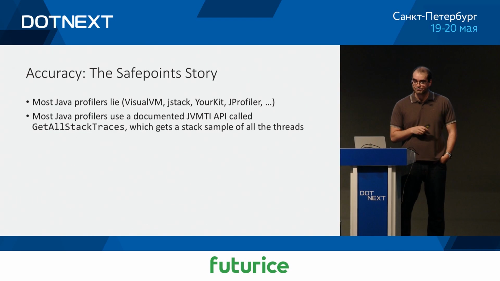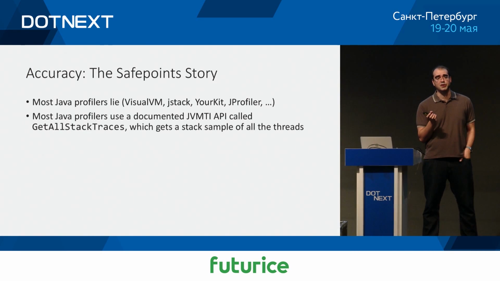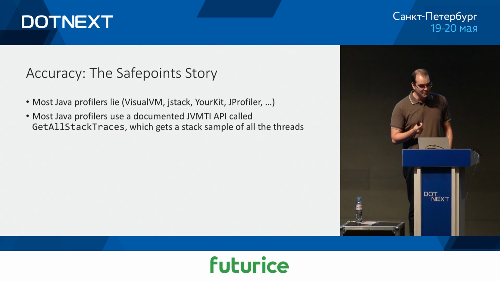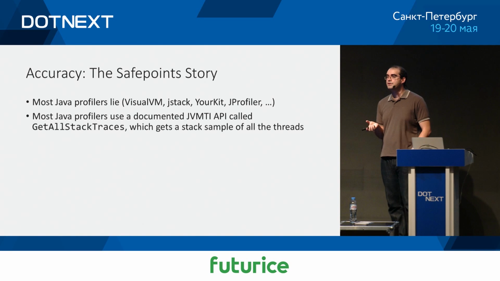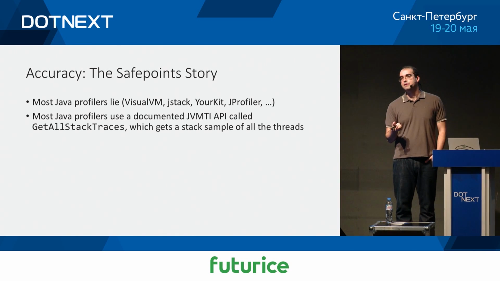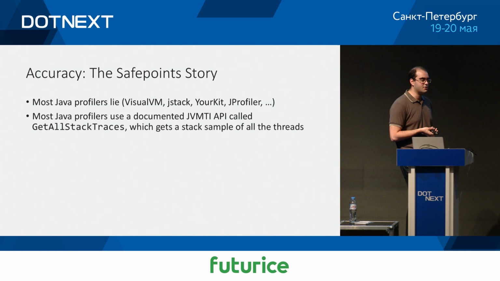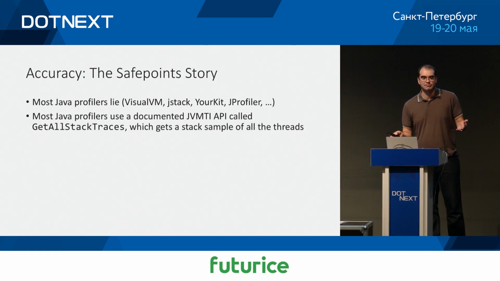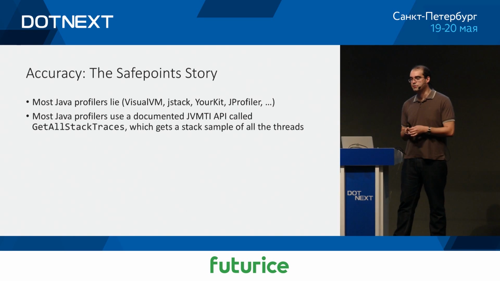Regarding accuracy, if you happen to be a Java developer, this may sound familiar, otherwise it's a little surprising, but most of the CPU profilers Java developers use actually lie to you all the time. They give you totally irrelevant results.